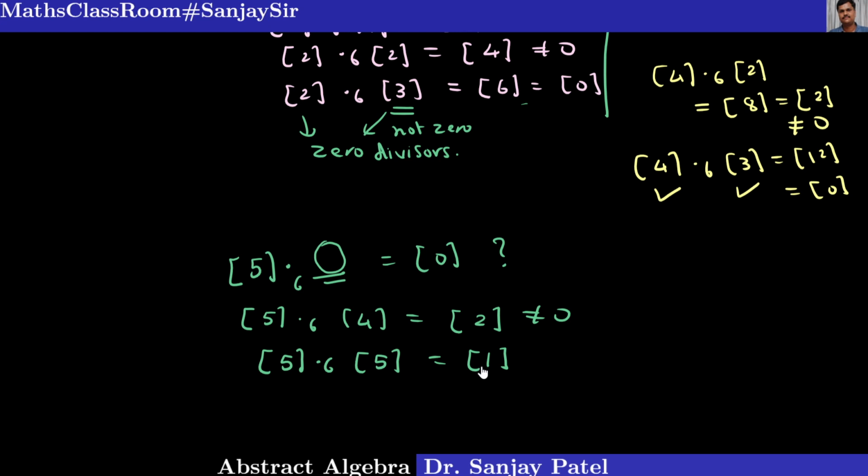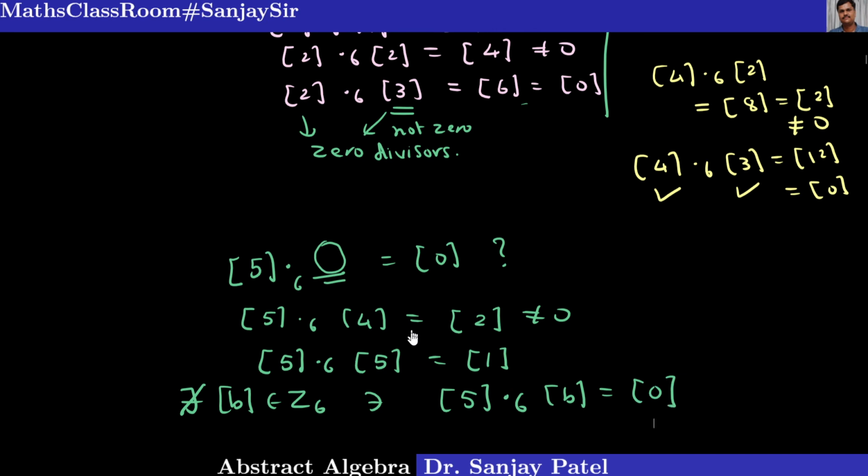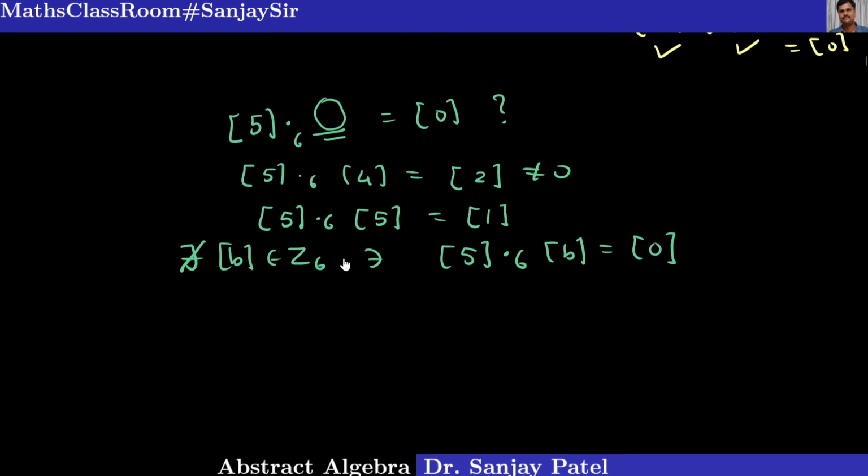So there does not exist any element, say class B, belonging to Z6 such that class 5 dot class B is equal to class 0, with B non-zero. So this class 5 is not a 0 divisor. So now do you understand?